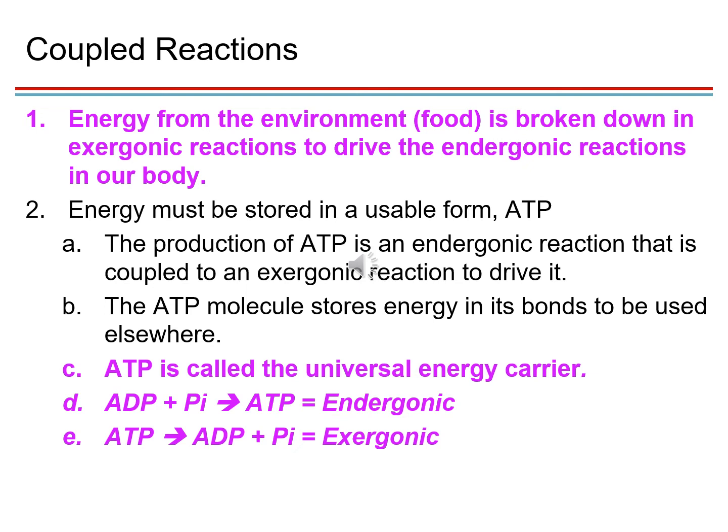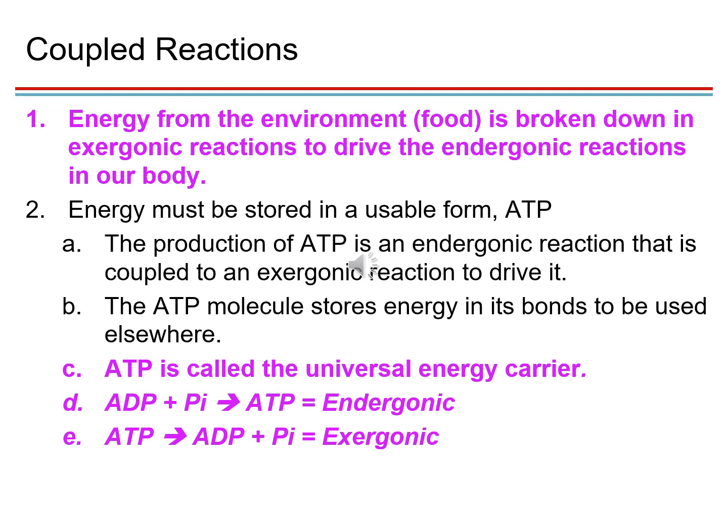Why? At the bottom, in letter D, you see that when we add ADP plus inorganic phosphate, we produce ATP. Now, these two substrates have less energy and higher entropy, and the final product, ATP, has higher energy.